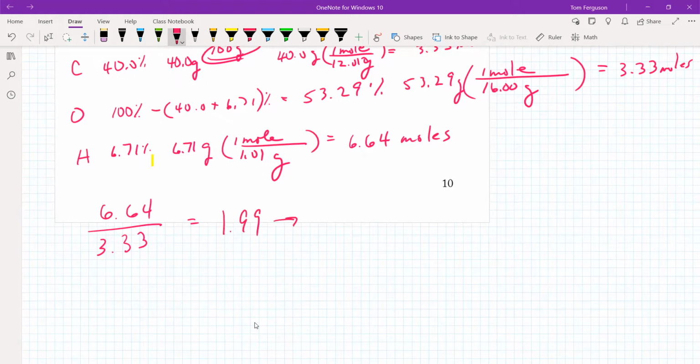Okay, or 2. So we're going to 1, 1, 2. Okay, so that means it's carbon, oxygen, hydrogen. Okay, now that's the empirical formula.